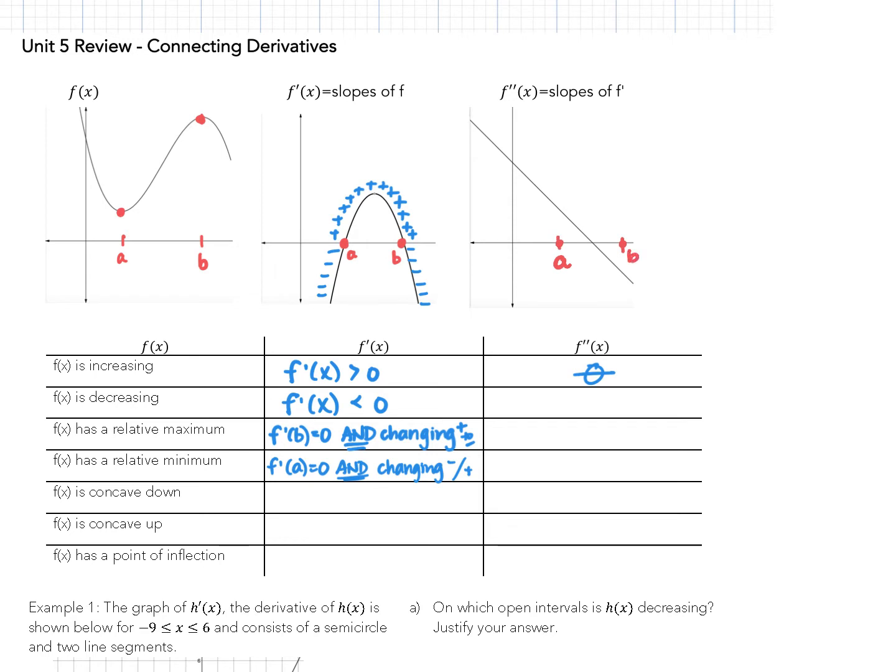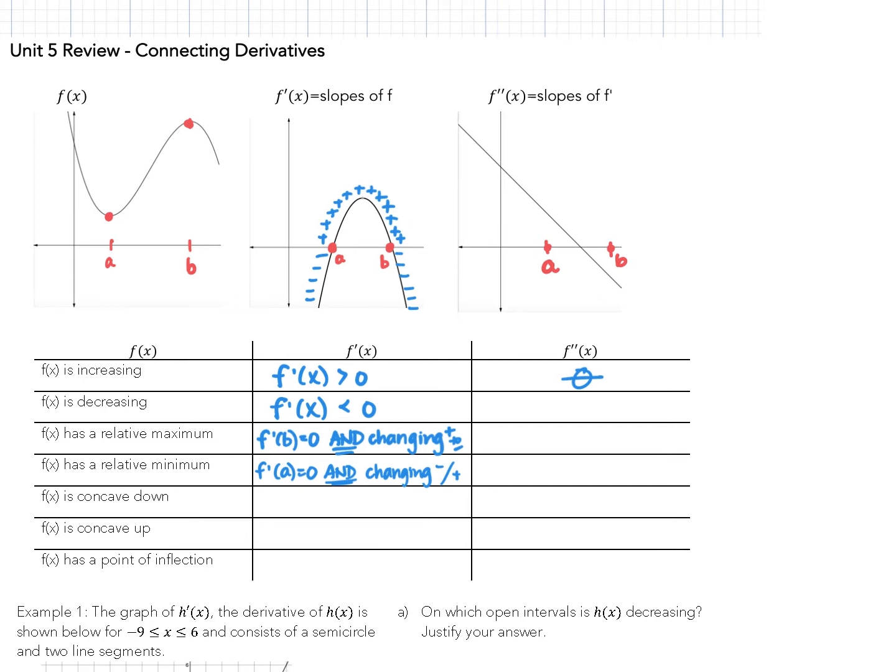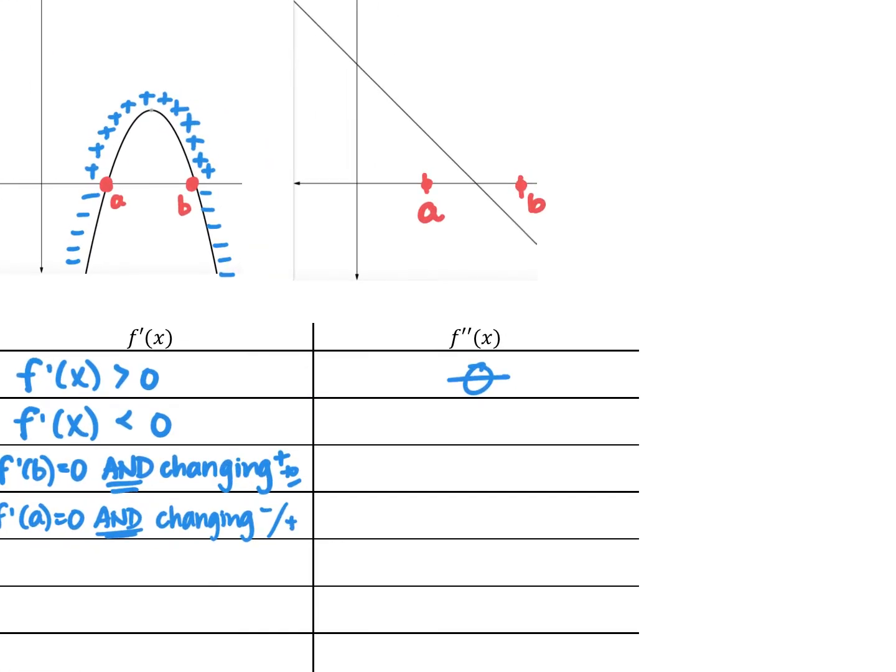And so we also can say that it is a relative maximum because f prime at b equals 0, and f double prime at b is negative. So how can we claim that?